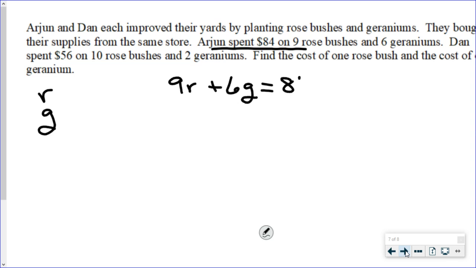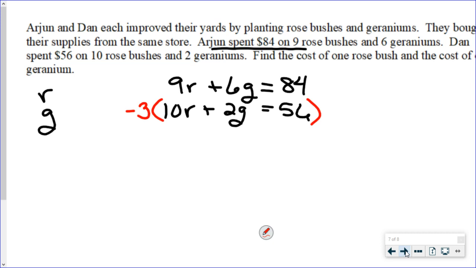Dan spent $56 on 10 rosebuds and 2 geraniums. Okay, so my question becomes, what are you going to do? Do you see it's easy enough to multiply through that by -3? And that would be -30 rosebuds, -6 geraniums, and 56 times 3 is -168.